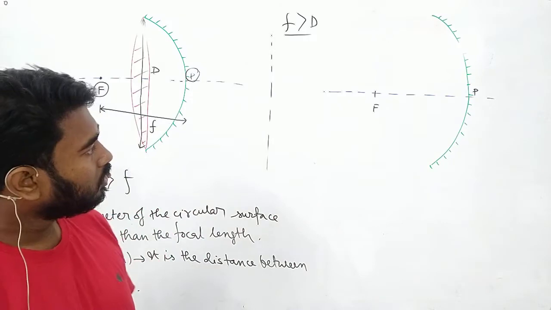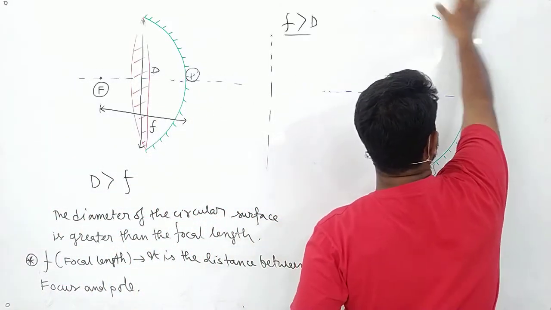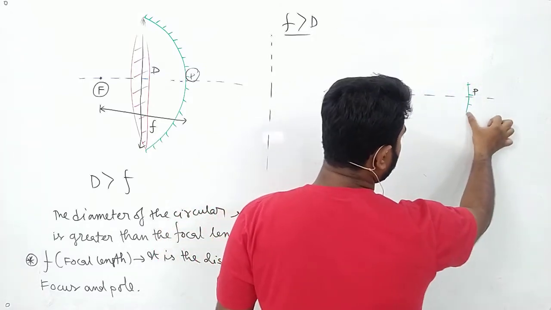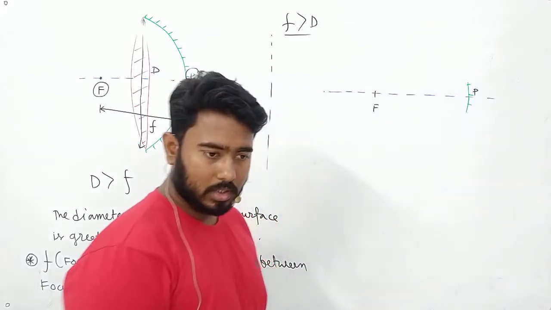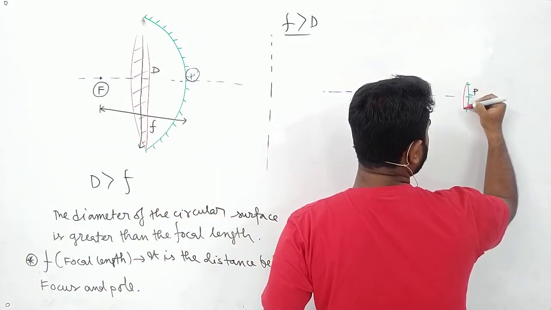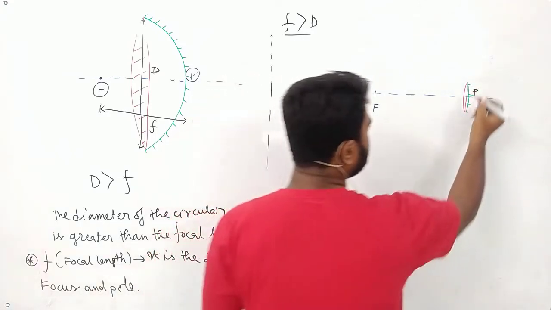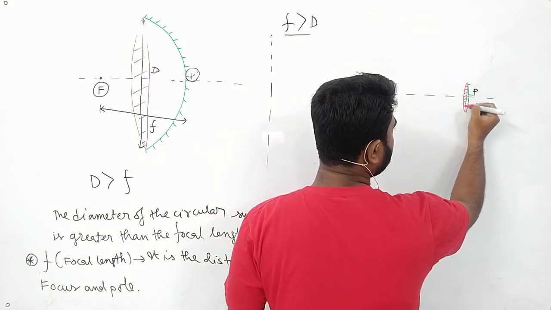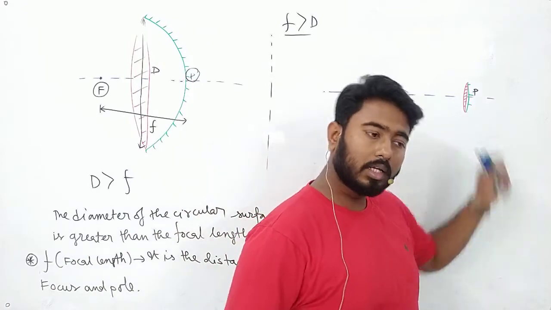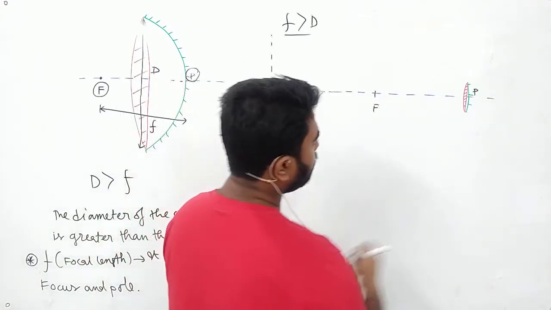What will happen if I erase this portion? I can always erase it. Then can I also get a small circular surface like this one here? We can draw. Can you tell me what is the diameter of this surface?